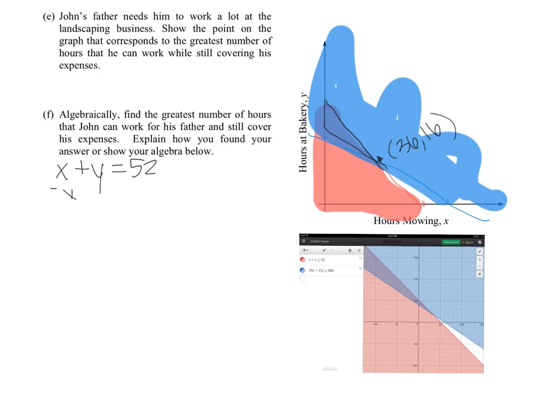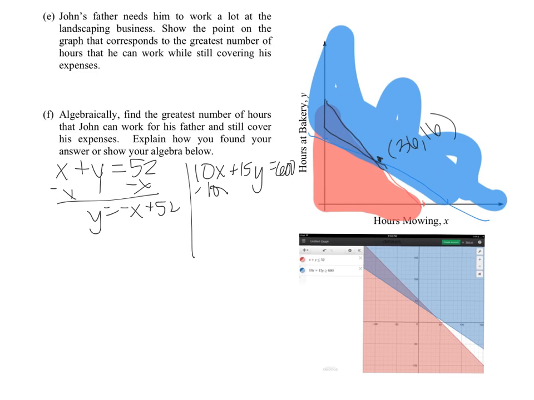So subtract x from each side, and y equals negative x plus 52. On the other side of that is the other equation, which is 10x plus 15y equals 600. We're going to subtract 10x. 15y equals negative 10x plus 600.